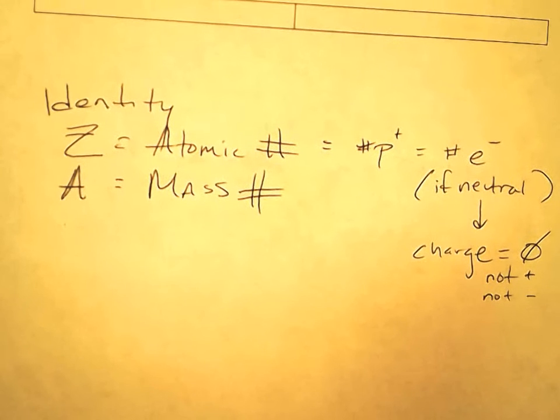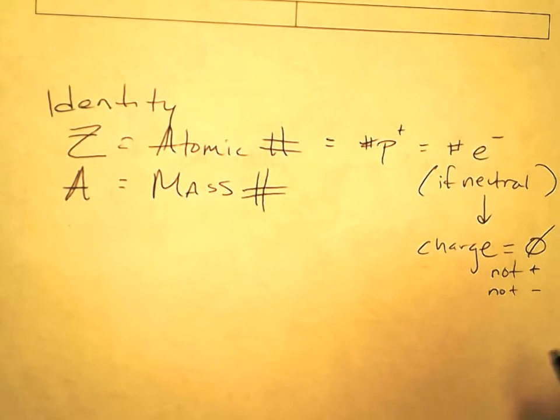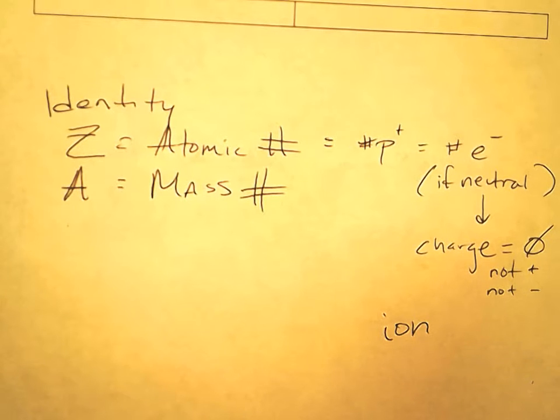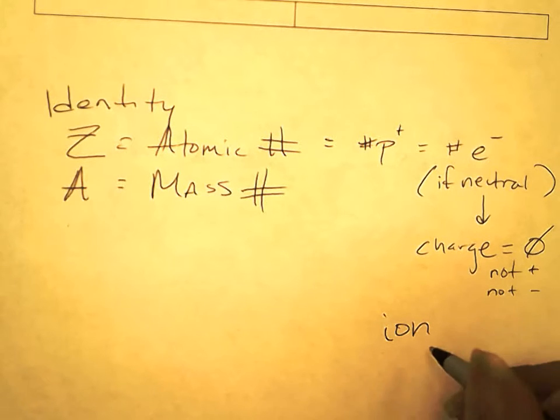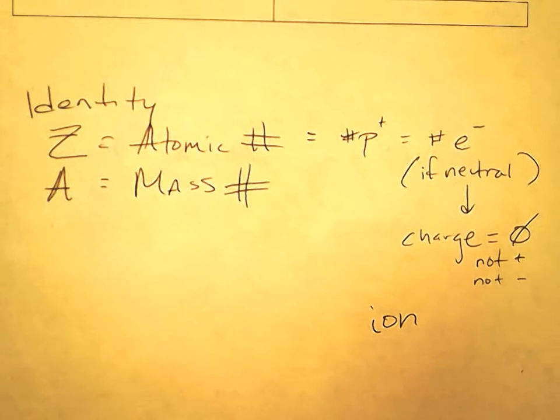Now, what do we call an atom that has a charge? We have a specific word for it. It's called an ion. If you are an atom that has a positive or negative charge, you are now called an ion. How would I become an ion?